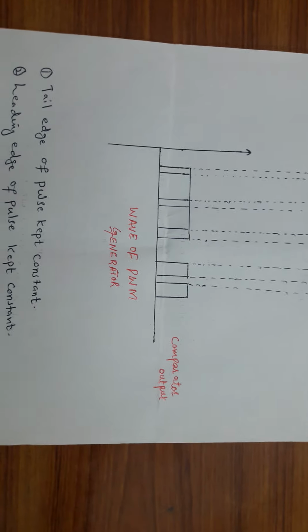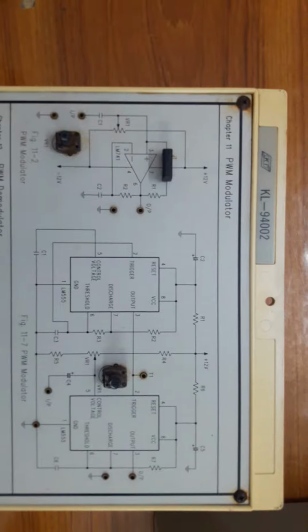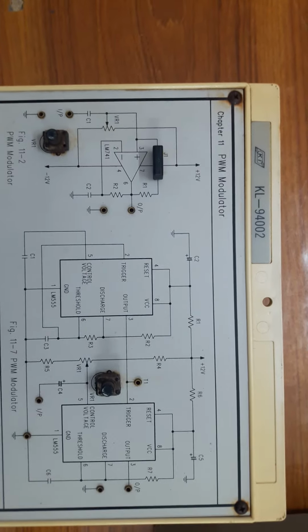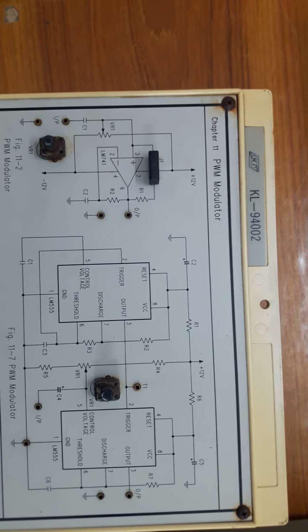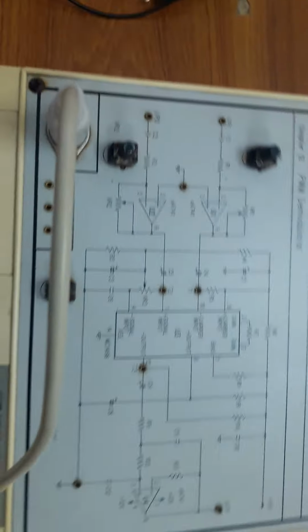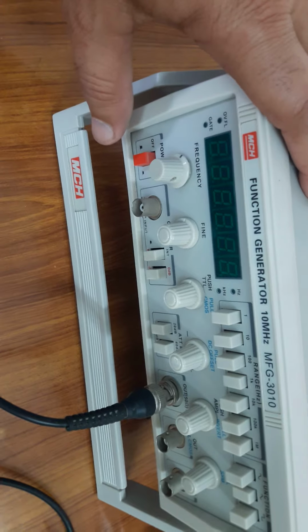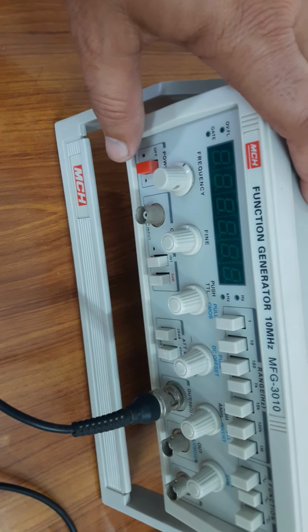So here I am using the module kit PWM 94002, an oscilloscope, and a function generator for the analog signal or sawtooth signal.